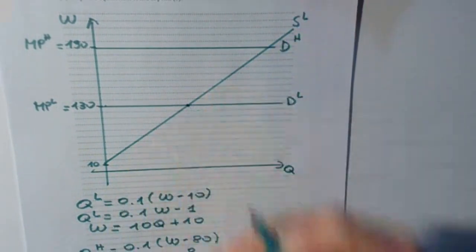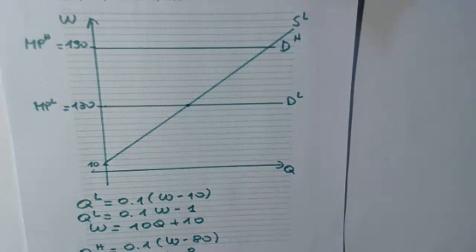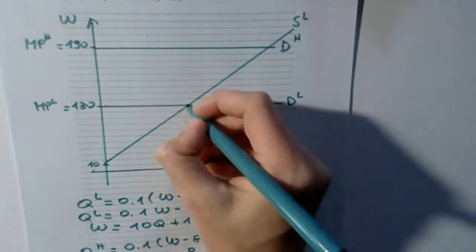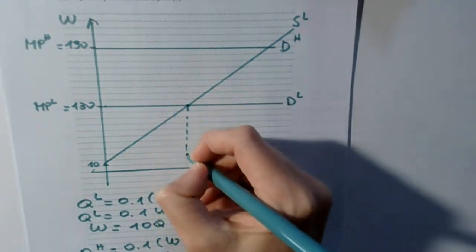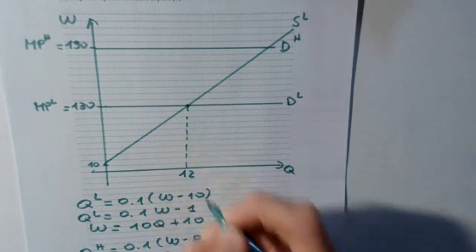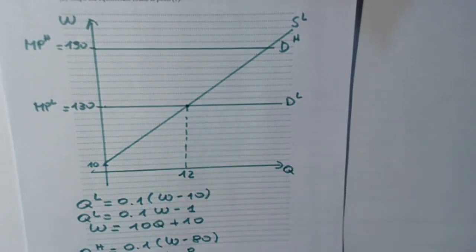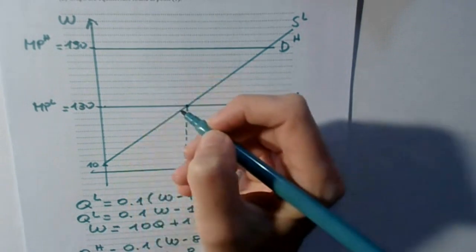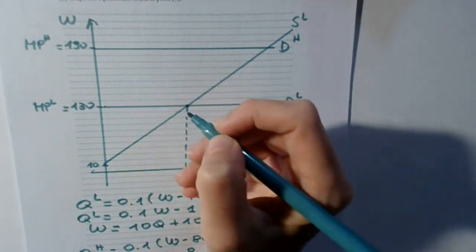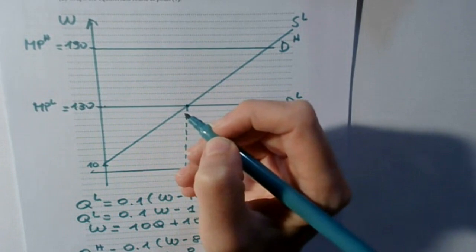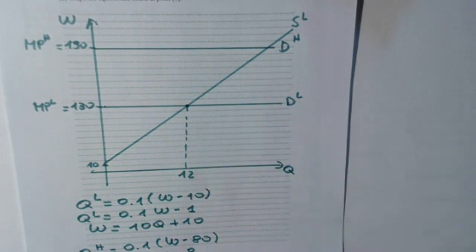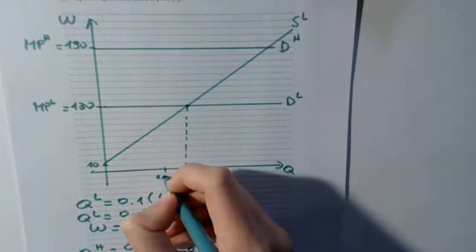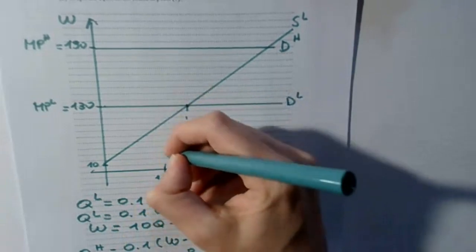And this equilibrium point here, so the intersection between SL and DL, corresponds to the number of L workers hired at equilibrium, so 12. Okay? Now, the number of workers hired at equilibrium for H workers is 11, so it will be somewhere here.